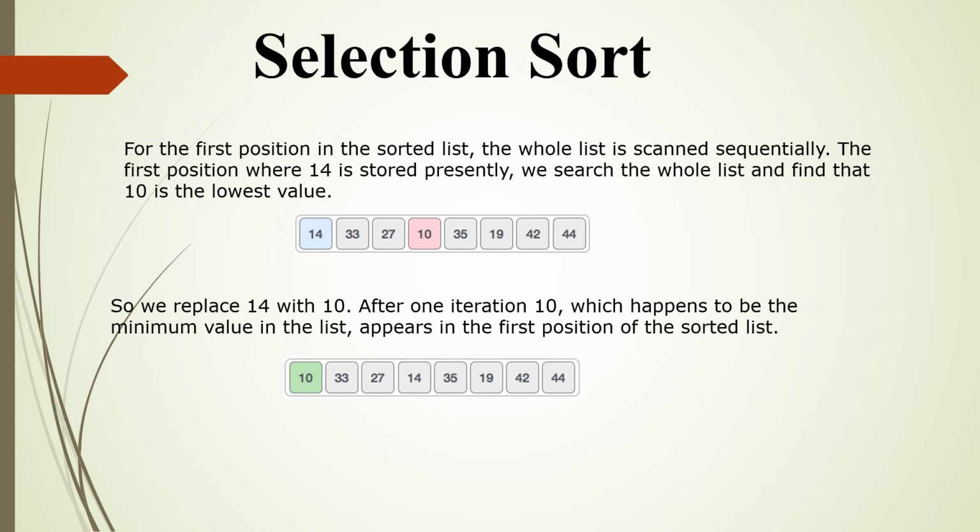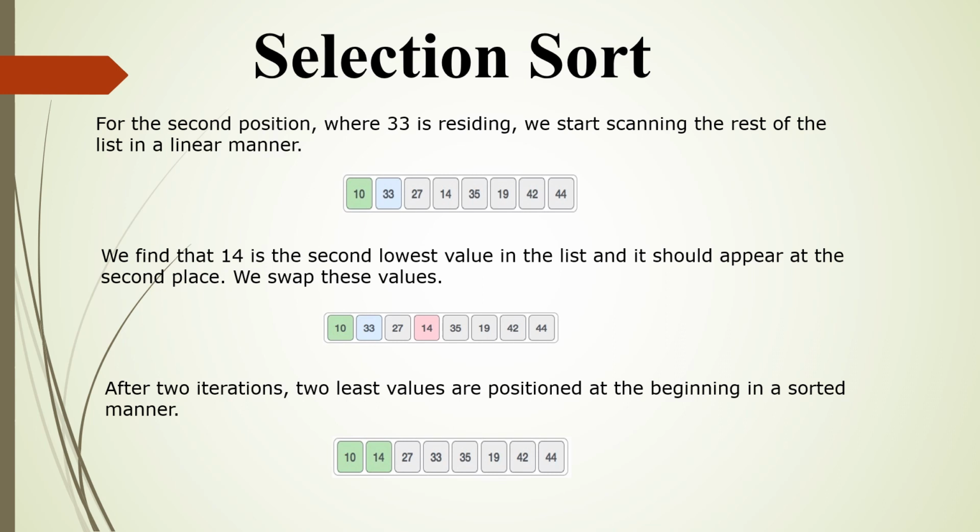Now 10 reaches its first position because it has the lowest value in the list. In this way 10 reached its correct position, so the sorted list is 10 and the unsorted list is 33, 27, 14, 35, 19, 42 and 44.